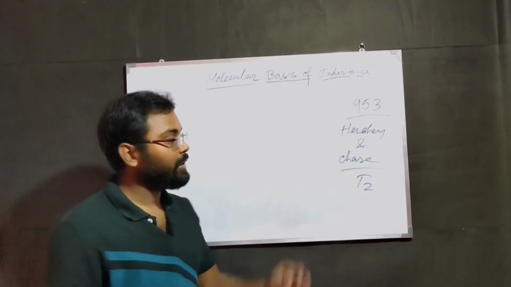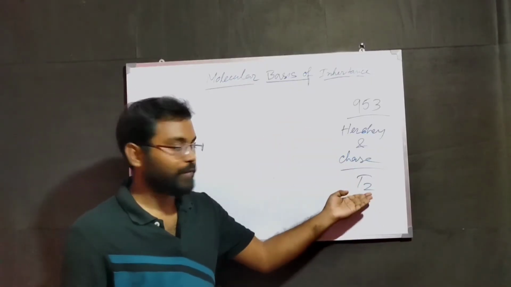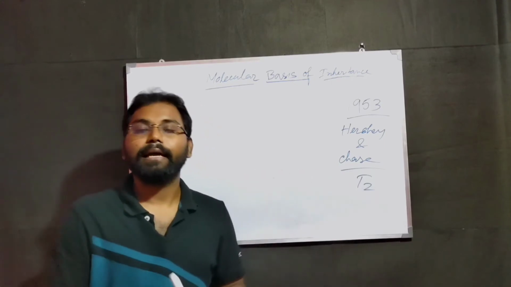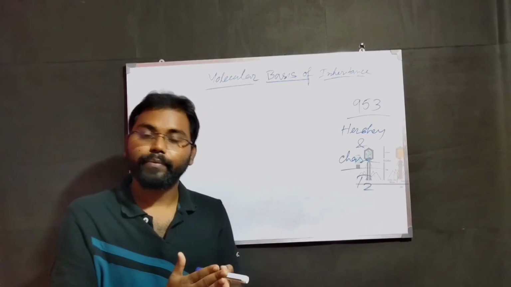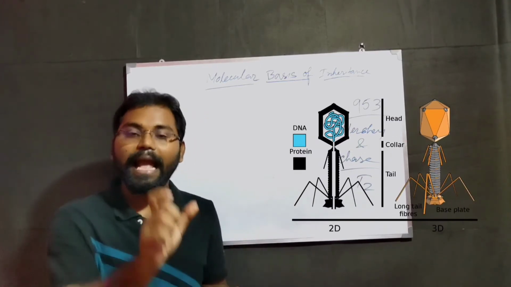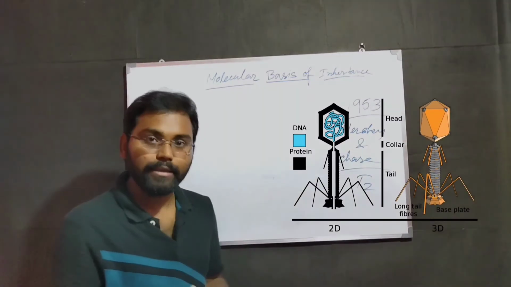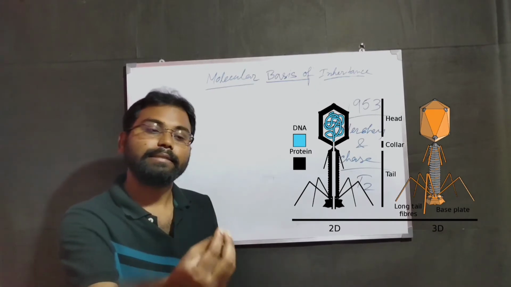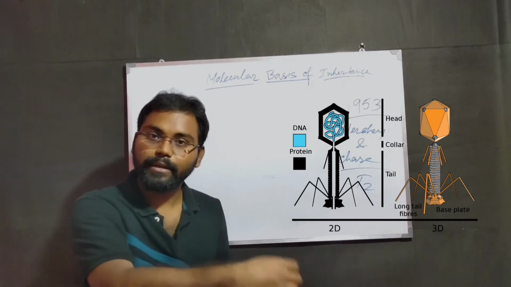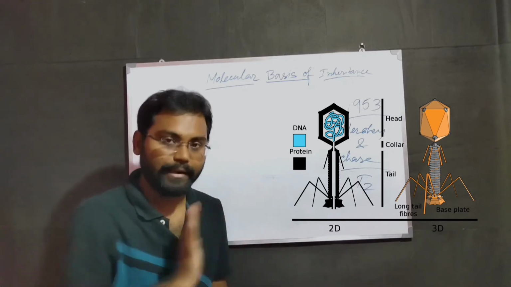In their experiment, Hershey and Chase used T2 phage. They knew that the phage has only protein and DNA, and when they infect a bacteria, they just inject their genetic material, that means the DNA, into the bacterial cell.